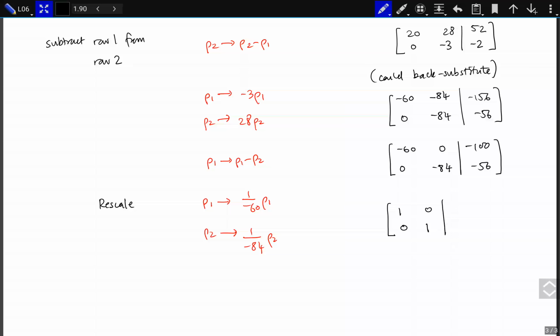So there's the identity matrix, you might notice. 5 over 3 and 2 over 3. And hopefully, fingers crossed, we got the same solutions as before. This augmented matrix says exactly the same.